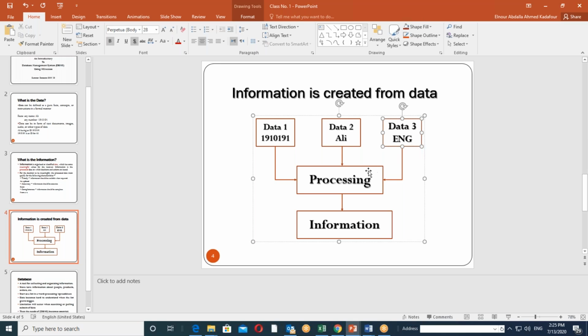Okay, so to process the 3 pieces of information, or the 3 data, what do we need? We need an application. Where can I put the student ID, student name, and major? In, for example, SIS.